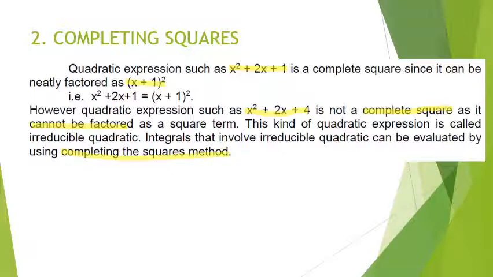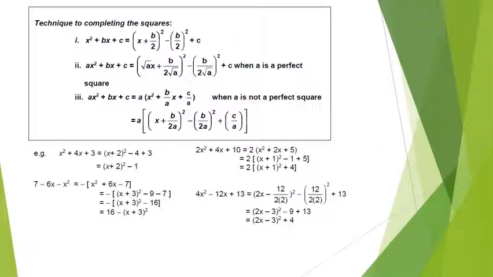So how does the completing the square method work? So these are the techniques. We have 1, 2, 3 techniques, but I'm using the first one only. So the tip is, the coefficient of x square must be 1.